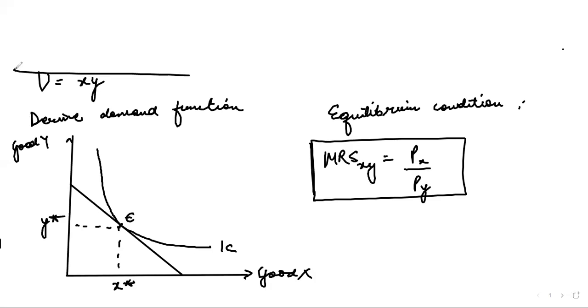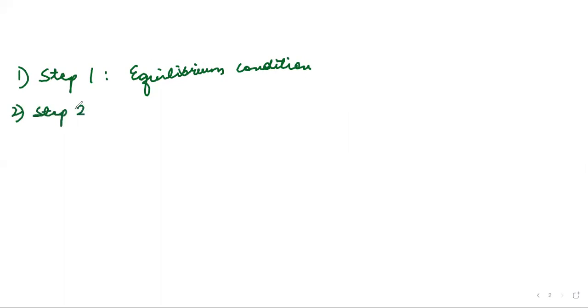When I don't want to use Lagrange, I'm going to solve for a Cobb-Douglas utility function in two steps. Step 1: I'm going to find my equilibrium condition. And step 2: I'm going to put this in the budget line.